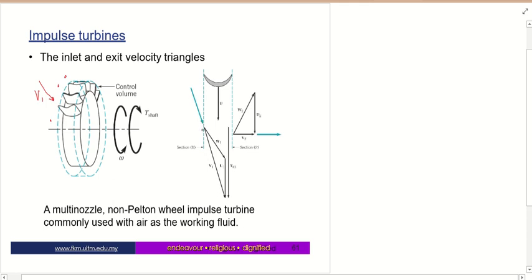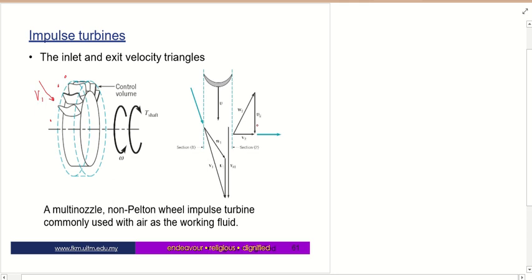Okay, for the inlet, this is the absolute velocity V1 coming from the nozzle, and then this is U, which is the bucket speed, and then this is the relative velocity W1. And then at the exit we have V2, which is the absolute velocity at the exit, and there is a different direction of relative velocity W2, and then U2.